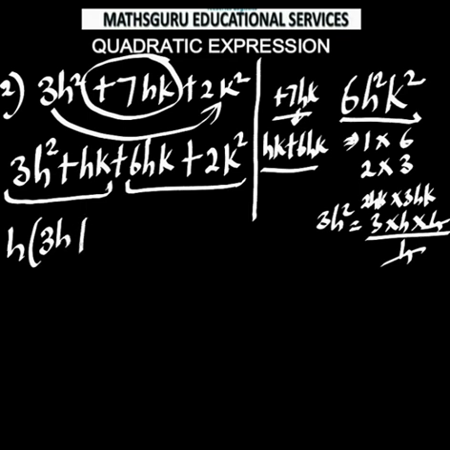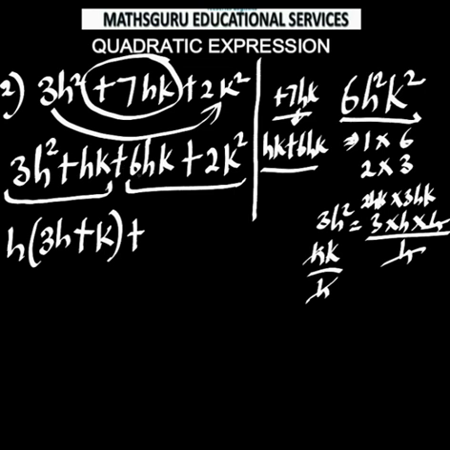Now we have hk divided by h. hk over h, so h will go with h, remaining k. Then we have our positive here.